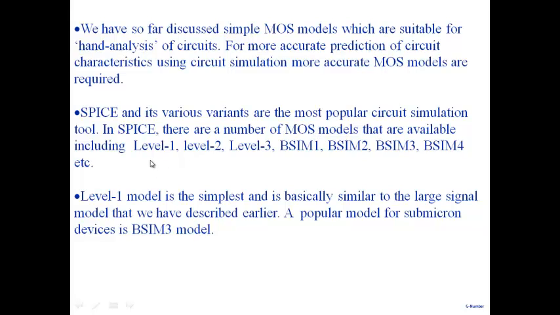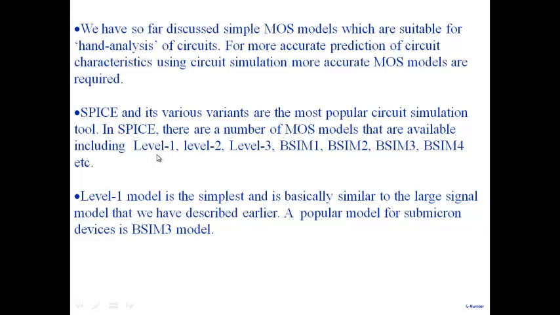If you click on a MicroCap MOS model, you will find that you can have level 1, which is the simplest model, level 2, level 3, then BSIM 1, BSIM 2, BSIM 3, BSIM 4 and so on. When MOSFETs started out in the 1960s, the channel length was large and the level 1 model was reasonably okay.